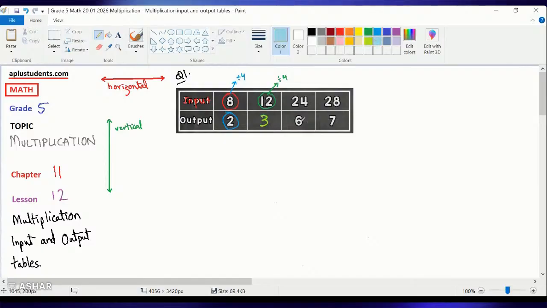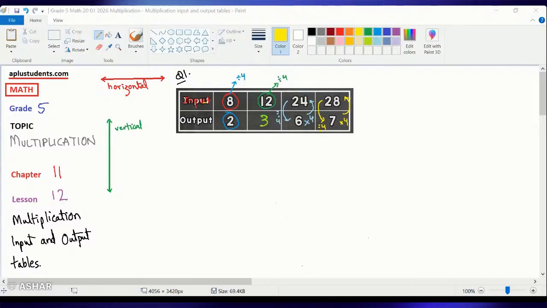Similarly, 6 multiplied by 4 was 24, or 24 divided by 4 gave 6. 7 multiplied by 4 is 28, and 28 divided by 4 gives 7. The input was 8 and we wanted to see what would be the output. In this case, this was division. Let's look at another case where we might have multiplication.